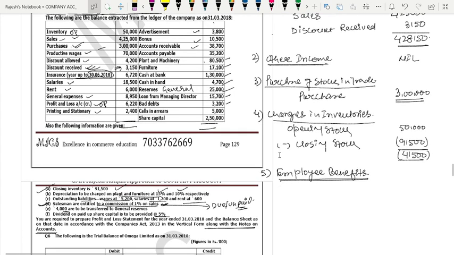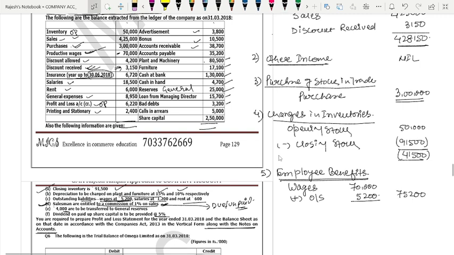The employee benefit wages is there. Wages 70,000, and outstanding wages 5,200. If nothing is mentioned about the date of the outstanding, we always assume it is a closing outstanding.